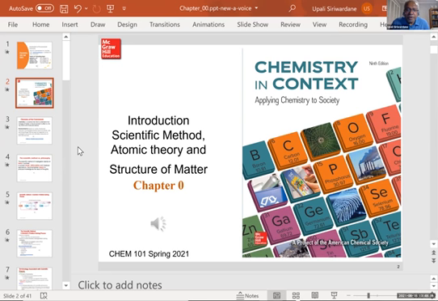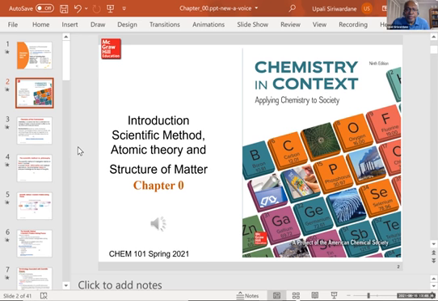Then we describe these changes in terms of experiments using the scientific method, and using atomic theory and models of matter: atoms, molecules, ions. When you're dealing with chemistry, you always talk about atoms and molecules and ions.